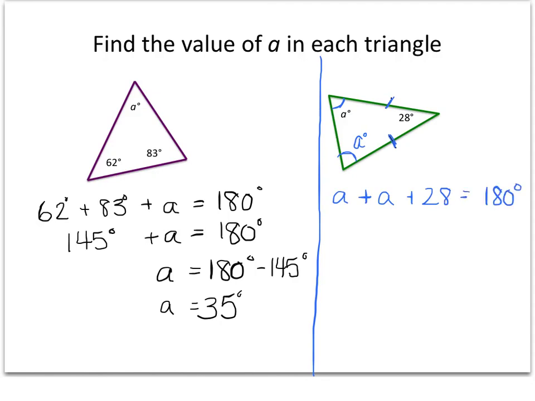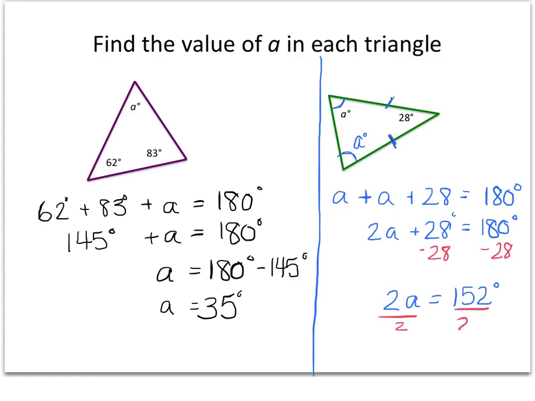So if we collect like terms, we have 2A plus 28 equals 180 degrees. If I subtract 28 from both sides, using a bit of my algebra, solving equations, I get 2A is equal to 152 degrees. So if I divide both sides by 2, I get A is equal to 76 degrees. So that means each of those angles would be 76 degrees.